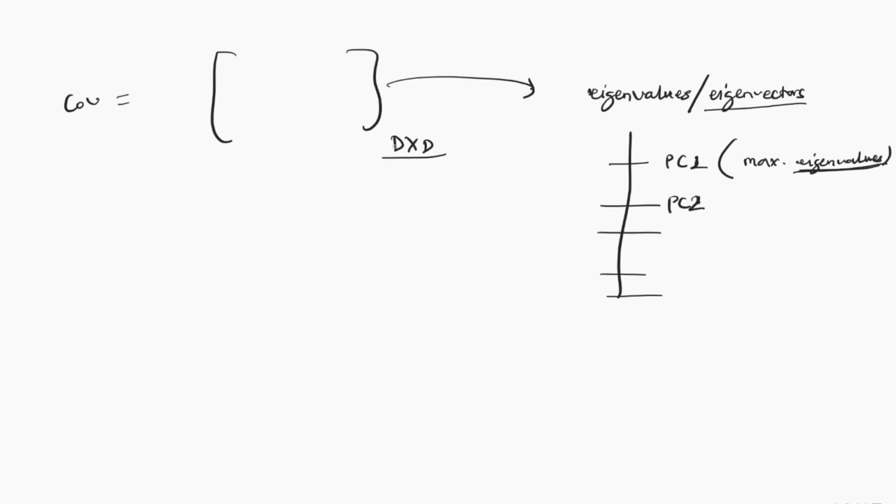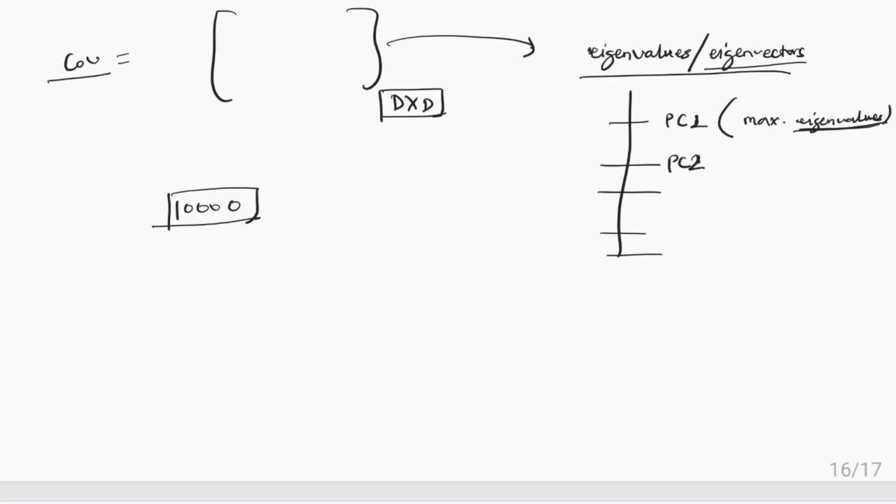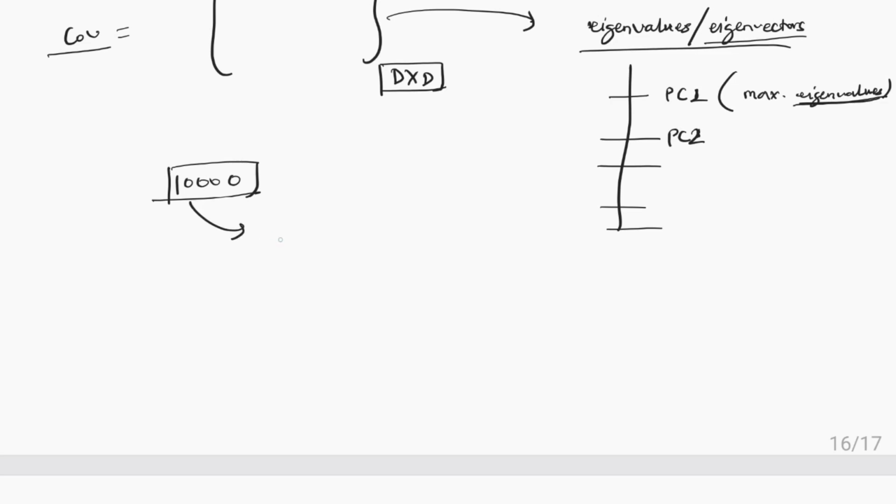So it is always going to be a difficult and compute heavy task to calculate the covariance, and then after that calculate the eigenvalues of that covariance matrix. So imagine you have 10,000 dimensional data, and you want to reduce this data to 1000 dimensions.